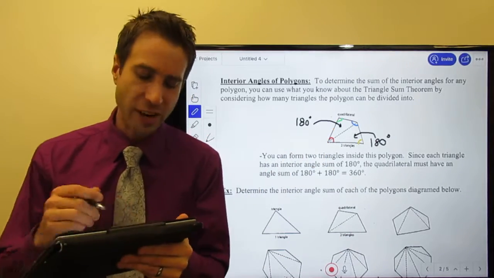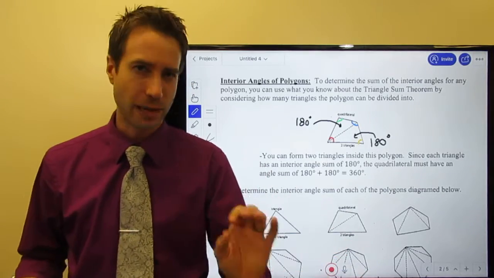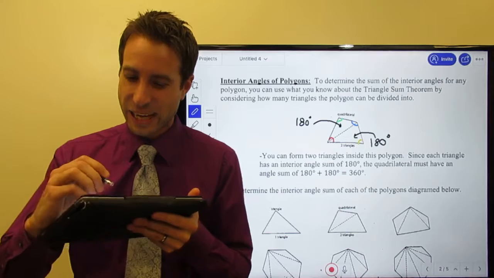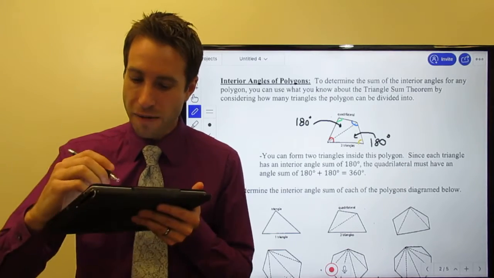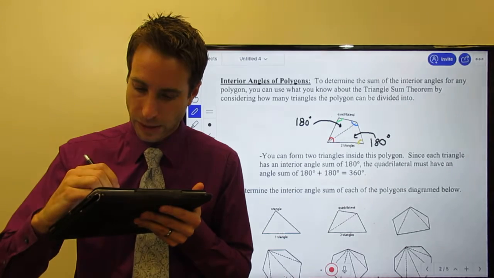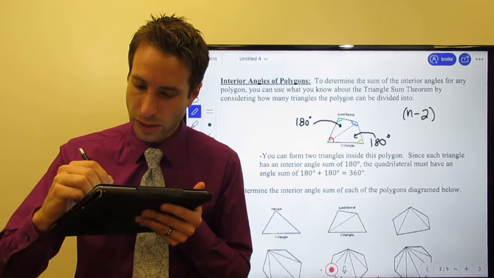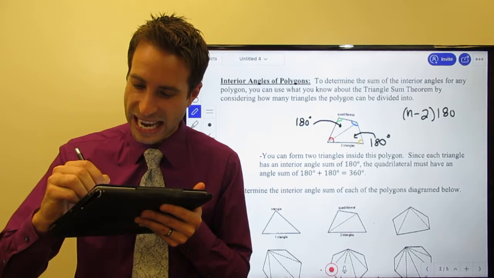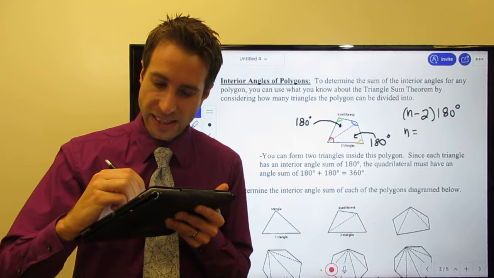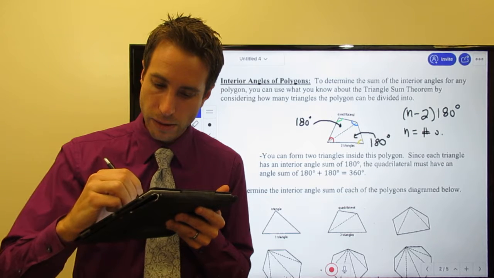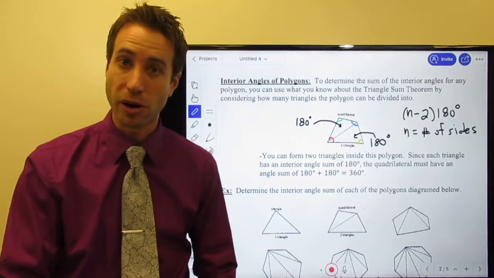Here's the way it's going to work. There is a fancy equation for it. We'll go back and forth between the two in a couple of example problems just to make sure that you've got it. Here's the equation. The measure of the angles is going to be n minus 2 times 180 degrees. Now, n is the number of sides.